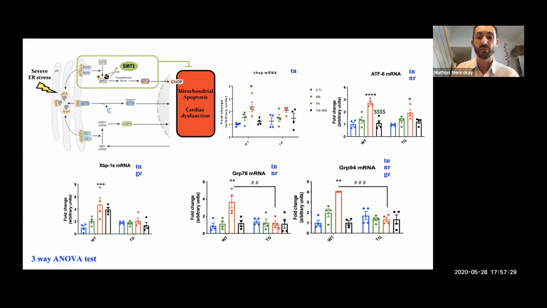But in the transgenic mice, even without NR but subjected to tunicamycin, there is less response in that regard. So there seems to be a cardioprotection against ER stress activator provided by the overexpression of NMRK2.